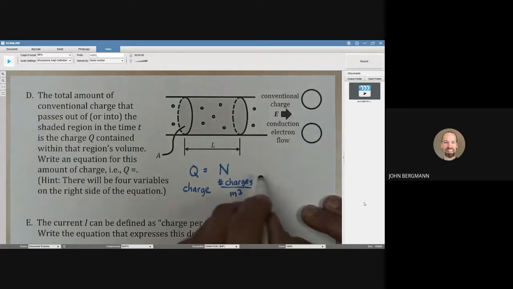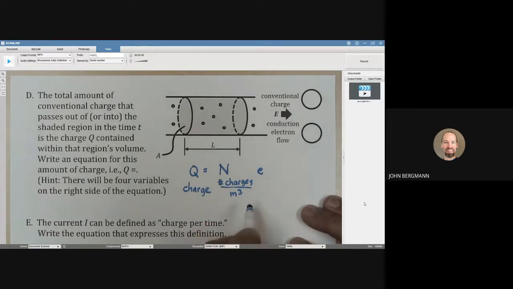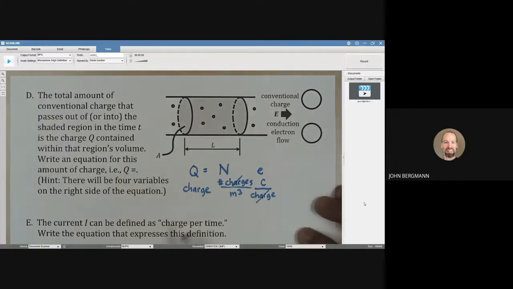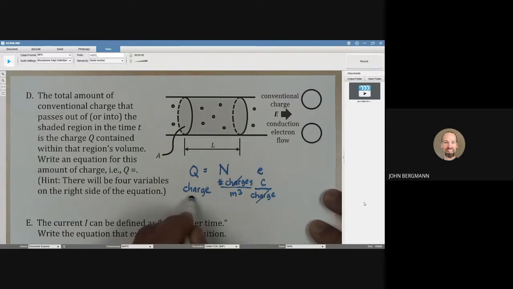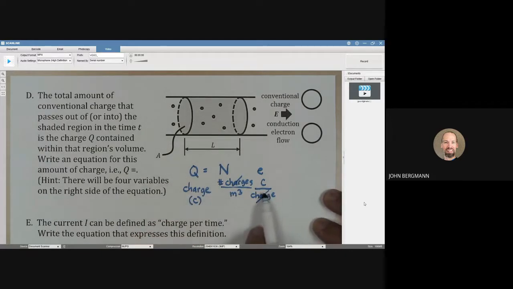So what else do we know? We know that the elementary charge is some amount of coulombs per charge. This is a good thing, because that unit will cancel that unit if we multiply those two together. Now, charge is in coulombs, so we need coulombs on the right side, which means we need to get rid of these cubic meters.